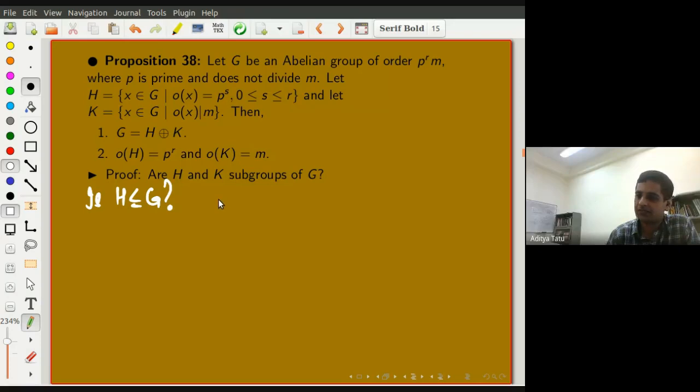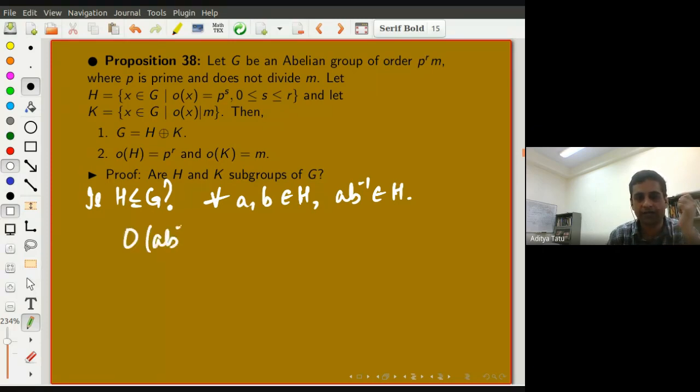Or there was this AB inverse. For all A and B in H, we need to show that AB inverse is in H. So let's try to do that. What would be the order of AB inverse? Remember, the condition for an element to belong to H is a condition on its order, which is why I am looking for the order of AB inverse. It's an abelian group, that is also something we know.